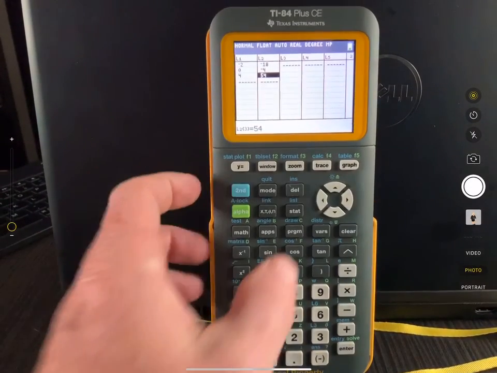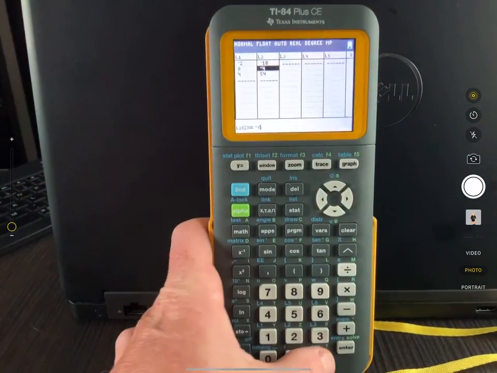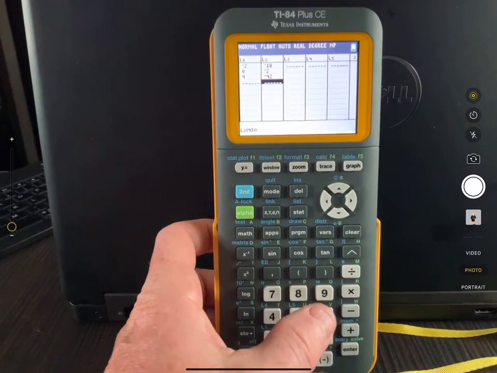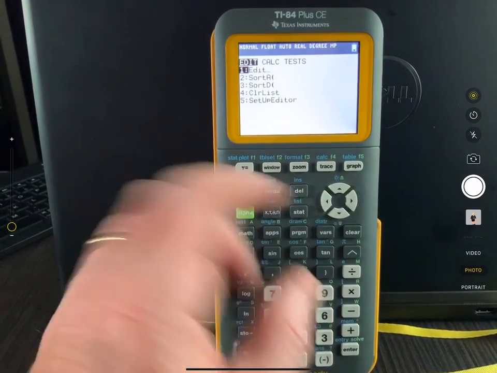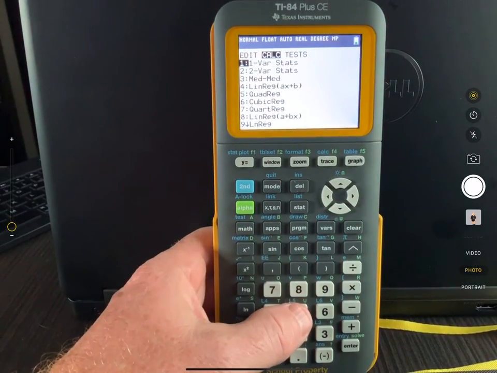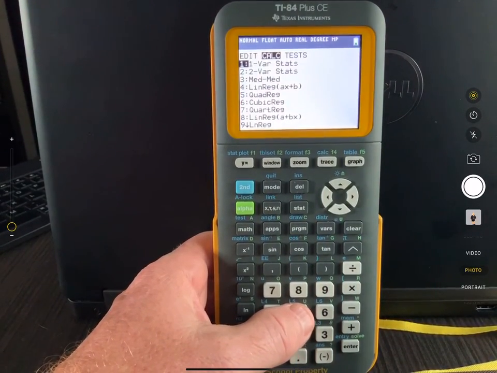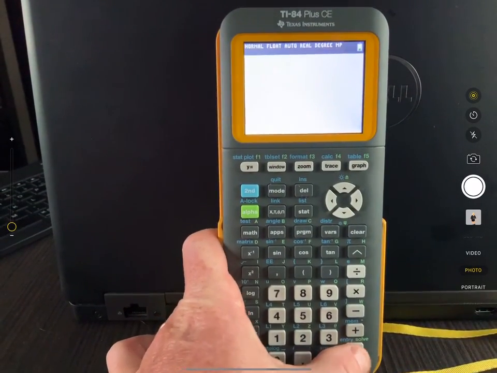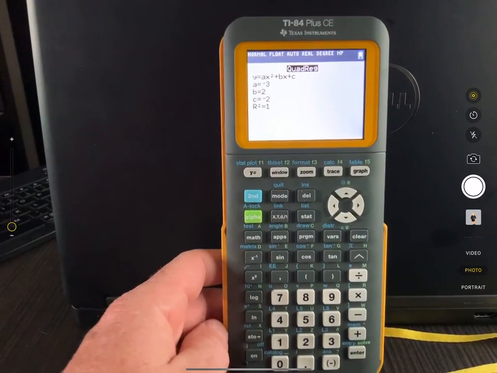So -2 and -42. And again, I hit Stat, go over to Calc, scroll down to number 5, or you can just hit the number 5. Okay, you don't have to scroll. Scroll down to Calculate, and it gives me my A, B, and C.